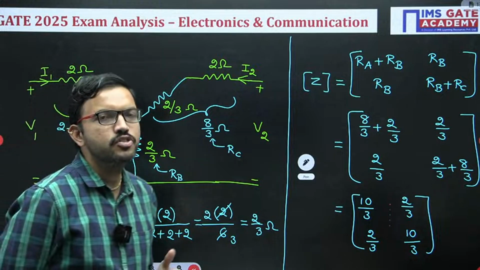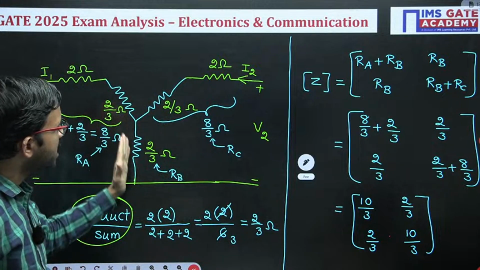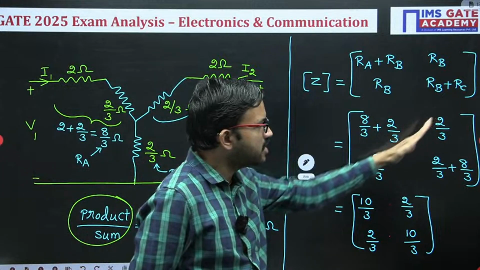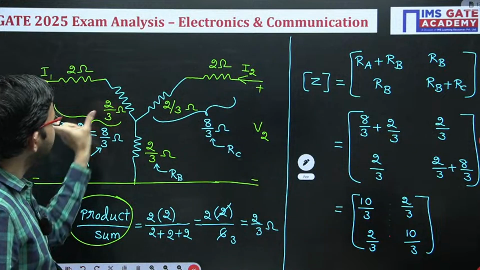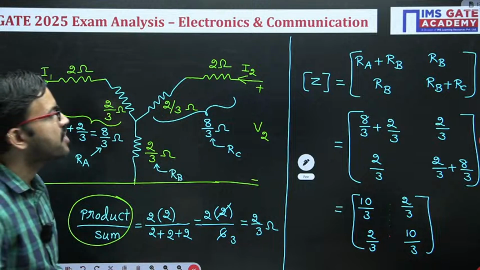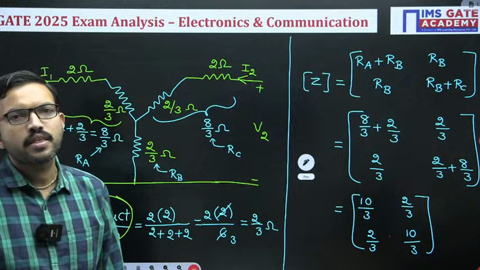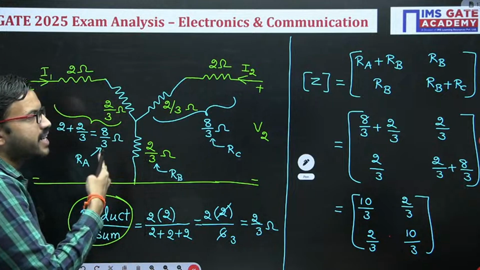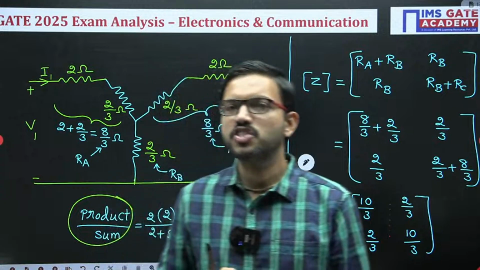I hope many of you solved this question correctly. Just observe here, the moment you are having 2 by 3, accordingly this diagonal element you are getting the same, 2 by 3, and here just by observation, since both these resistances are the same, definitely here also both are going to be the same. Okay, and you know regarding two-port network, symmetrical condition, reciprocal condition with respect to Z parameters.